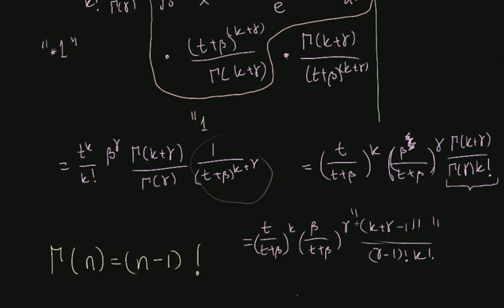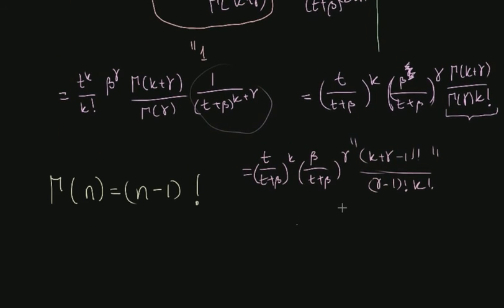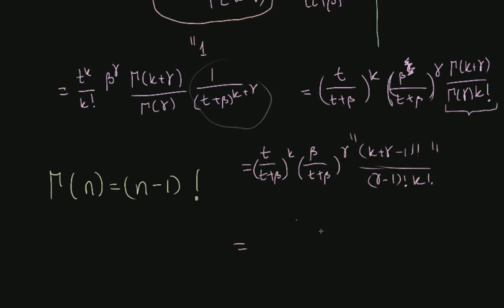So this is the generalized binomial coefficient, which we write as k plus gamma minus 1 choose k. And then I have t over t plus beta to the k, and I have beta over t plus beta to the gamma.